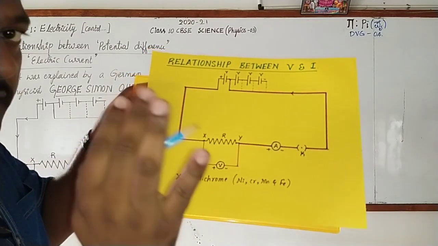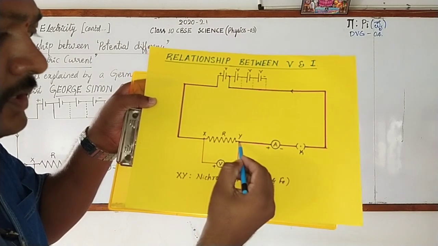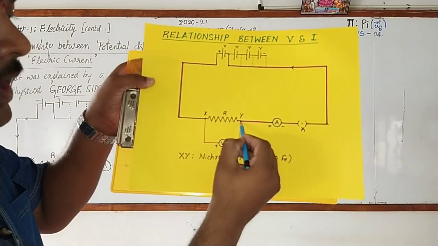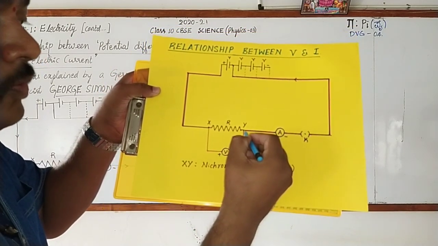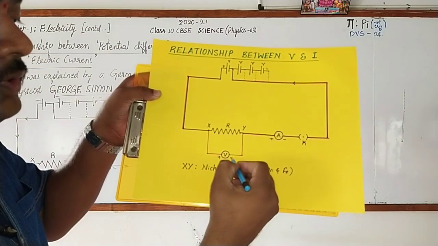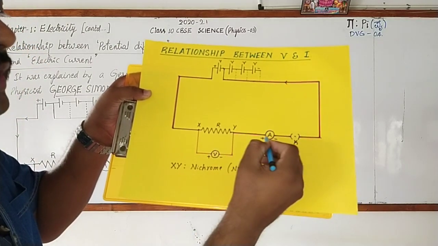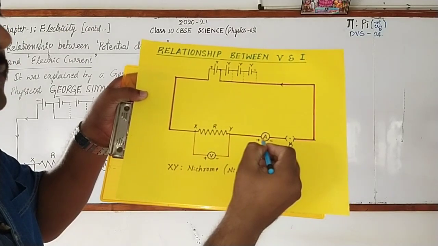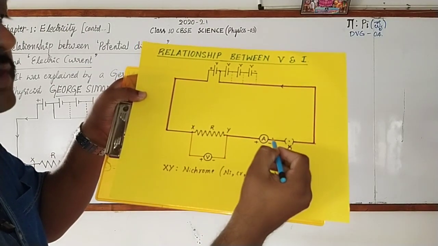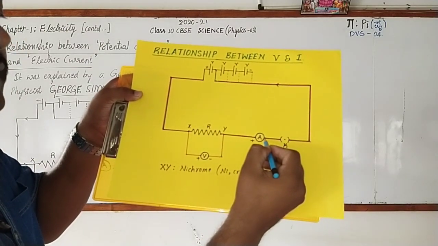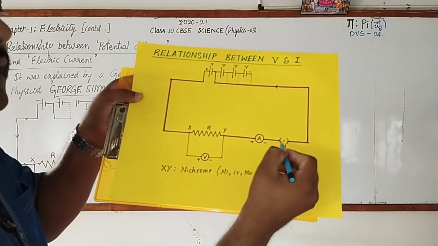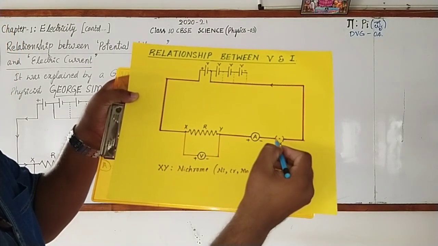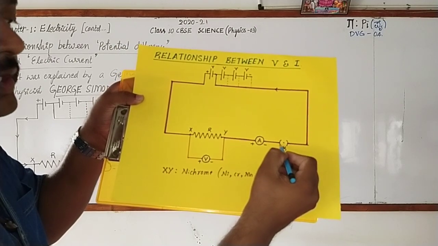Next, take two more copper wires and connect them at Y. One should be connected to the negative terminal of the voltmeter and the other wire should be connected to the positive terminal of the ammeter. Next, take one wire, connect it to the negative terminal of the ammeter and connect the other end to a terminal of a switch.